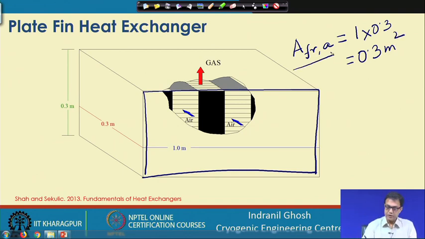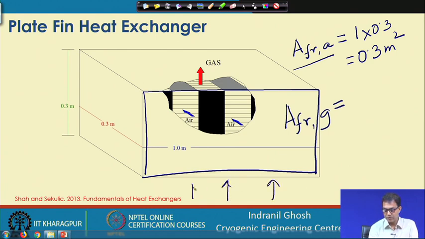And for the gas, AFG, this is the flow side, and this is the surface area.